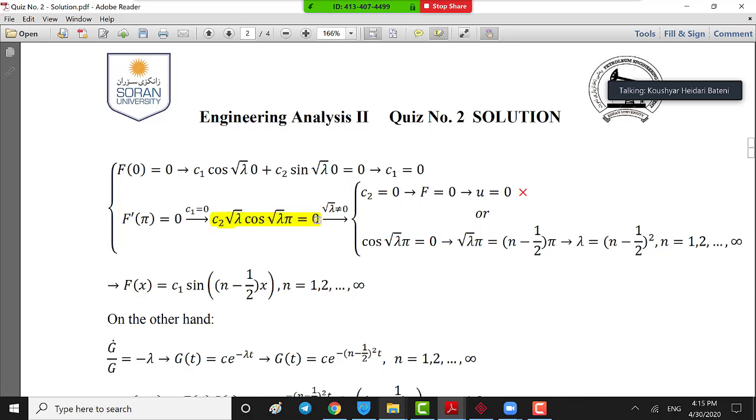Yes? Now, just going through the routine, the square root of lambda is not 0, and if c2 is equal to 0, then u becomes 0, which we try to avoid.